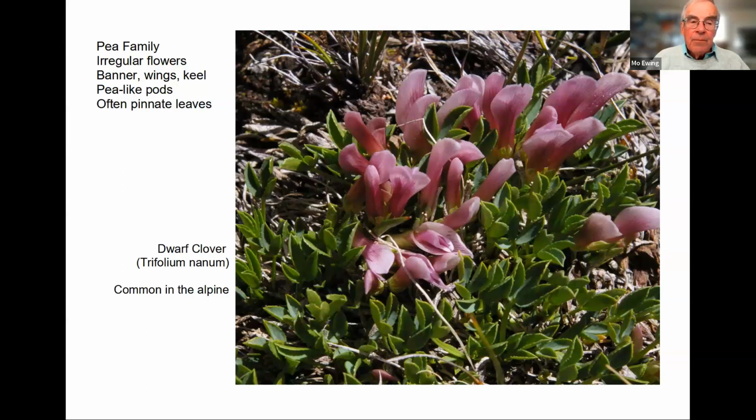Interesting thing is, they say pea-like pods. I've tried everywhere to find out what the fruit of this plant looks like, and I can't find it anywhere. I've gone all over the web and everything. I have no idea what the fruit looks like.